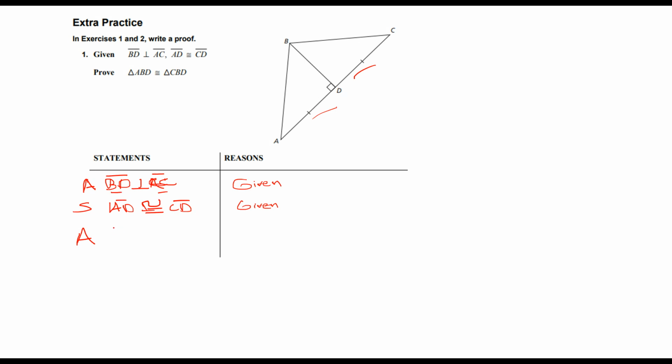Well, I'm going to know that that means that angle ADB equals 90 degrees. Measure of angle ADB is 90 degrees, and measure of angle CDB is also equal to 90 degrees. And that's the definition of perpendicular lines.